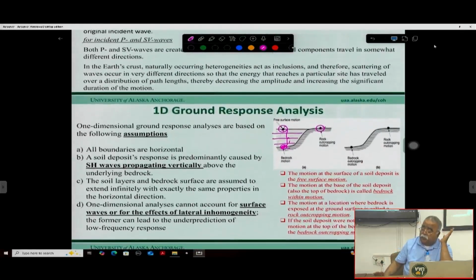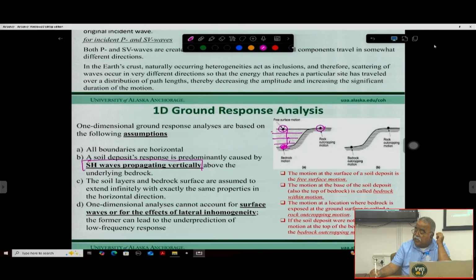So we are assuming the SH wave propagating vertically, and this is underlying the bedrock, okay? And the soil layers and bedrock surface are assumed to extend infinitely.